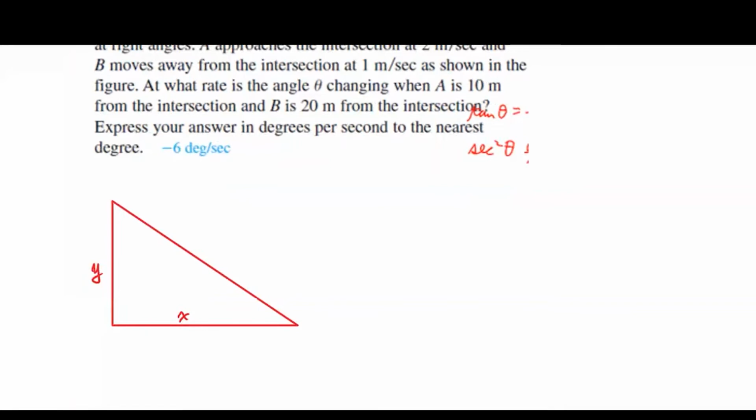So dx/dt, dy/dt. I'm gonna move this thing a little bit. dy/dt is going this way, and that's negative, so that's -2. Uh-oh, my computer's frozen.